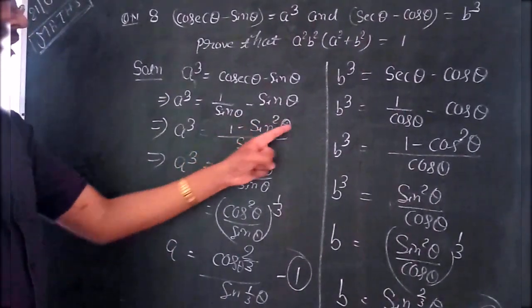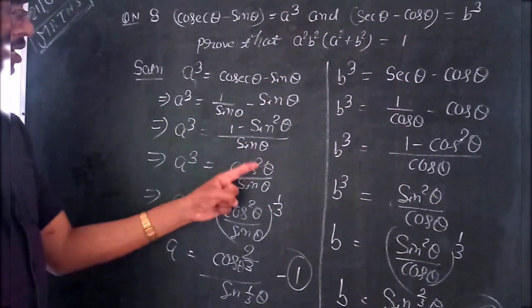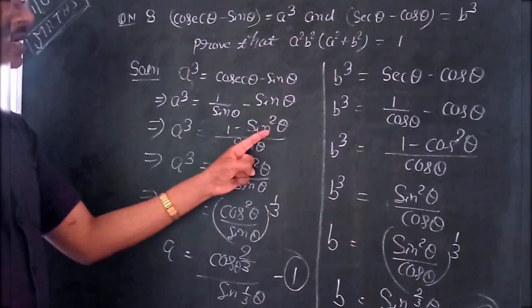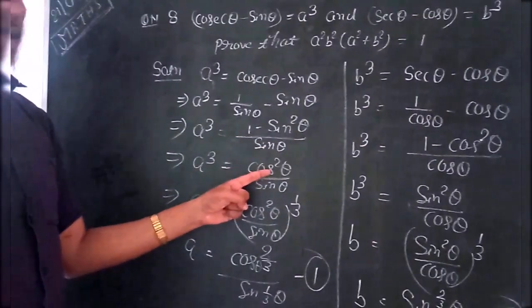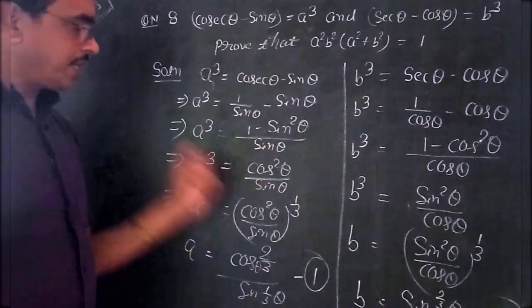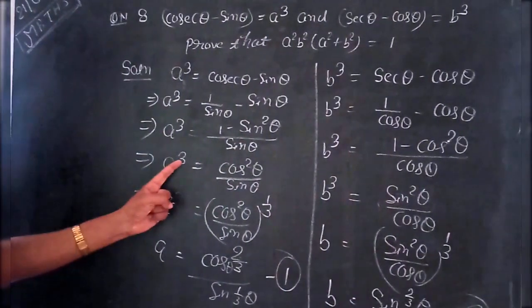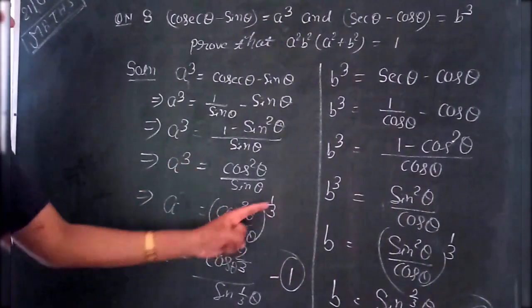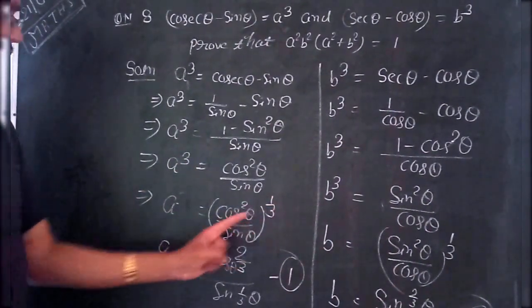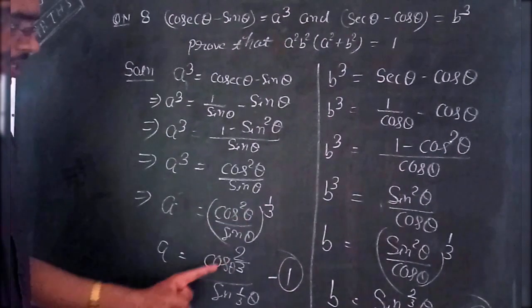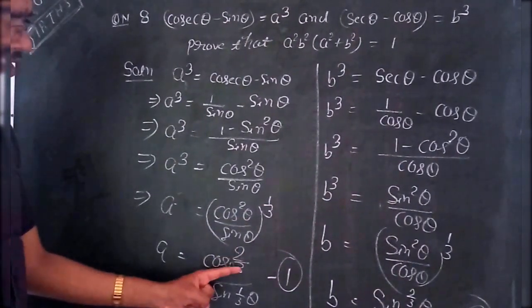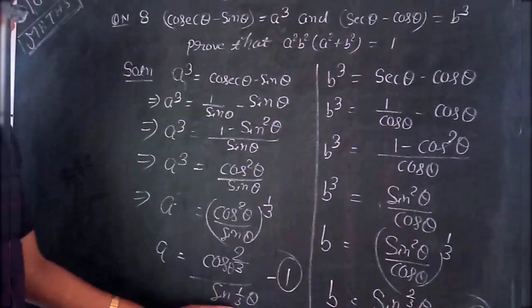Then it is 1 minus sin square by sin theta. Then it is 1 minus sin square, and by the first identity we write here cos square theta, and here is sin theta. Here is a cubed, so a is equal to, this power 3 goes to the other side and changes into 1 by 3, and power to the power multiply. So here is cos 2 by 3, and here sin 1 by 3 theta.